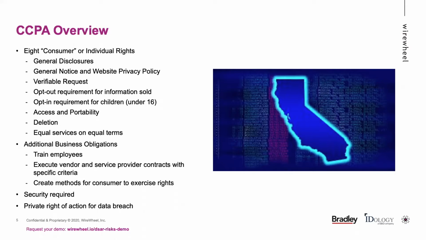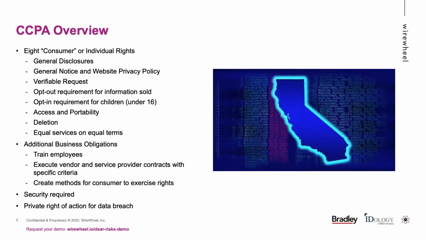It encompasses 8 consumer or individual rights. Those include general disclosures, the ability to provide the consumer with information about what a company is collecting. There's also a general notice, which is a notice at the point of collection, and a website privacy policy. Verifiable requests can be made by the consumer, a right to know and a right to delete.